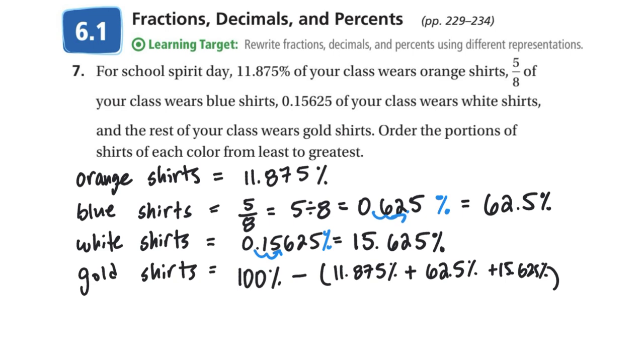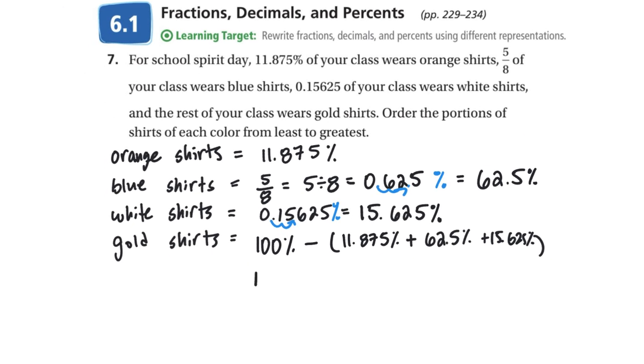If we take 100%, that's the whole entire class, and then we take away all of the other people wearing the shirts. So the 11, basically 12%, the 63%, and the 16%. Take that away from 100, and that'll be our gold shirt. So let's find out how many are gold shirt people. Wow. Doing that, it turns out that this here is 90%.